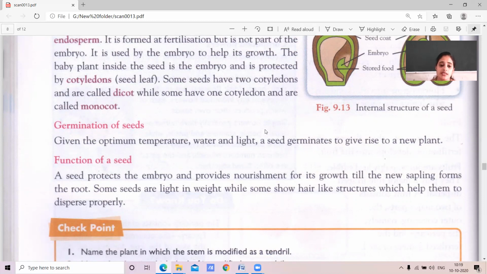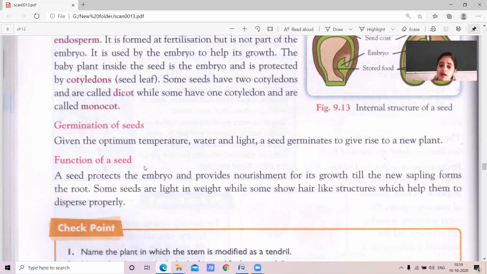Is it no, children? Yes. So, what is the function of this seed? The seed protects the embryo and provides nourishment for the growth till the new plant is formed from the root.